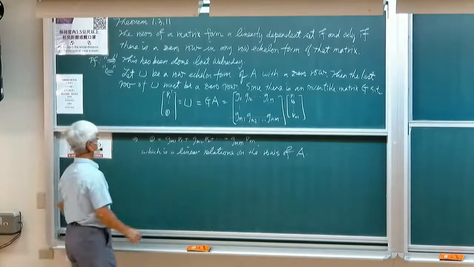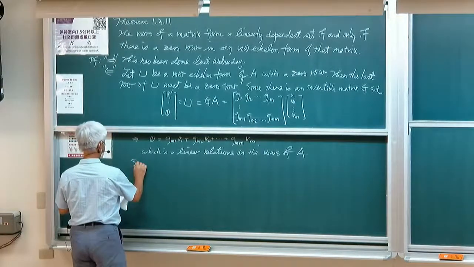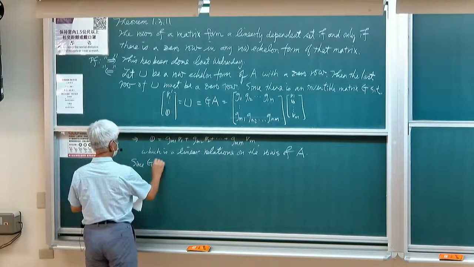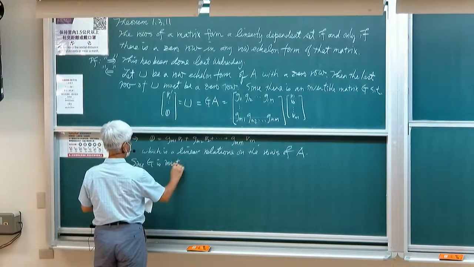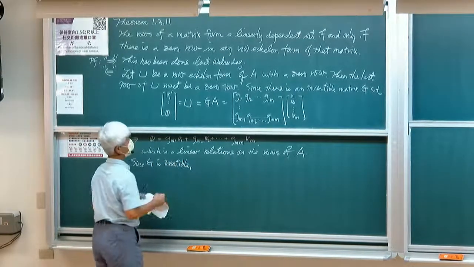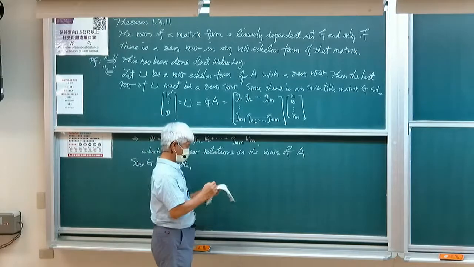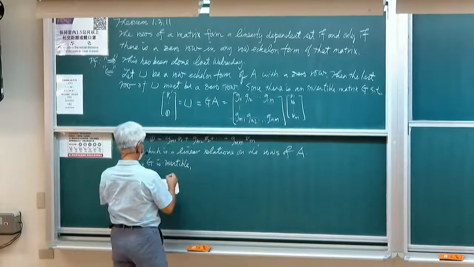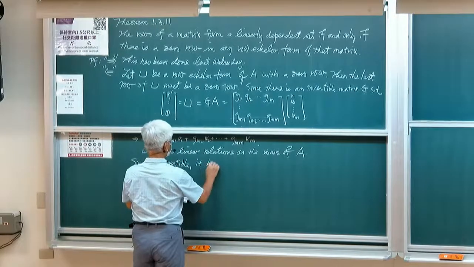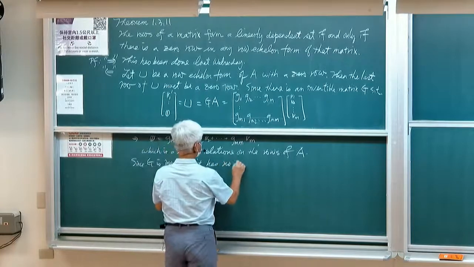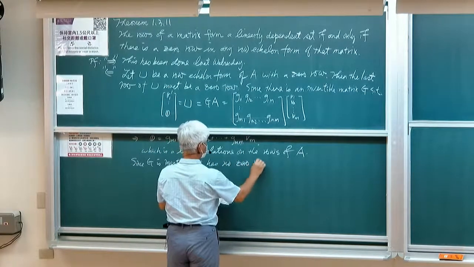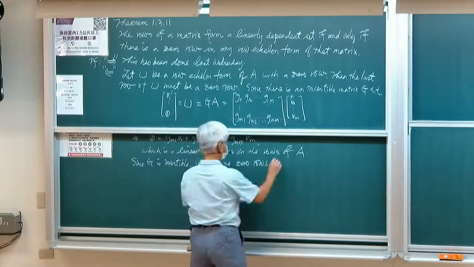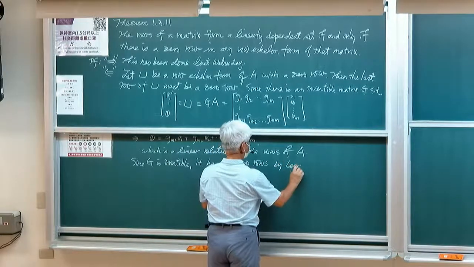Now, since G is invertible, it has no zero rows by the lemma.